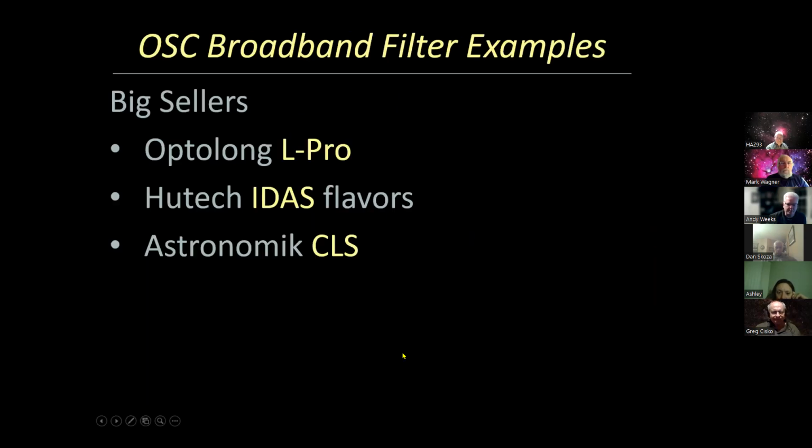So the big sellers for broadband filters, this is just for light pollution: the L Pro, and the IDAS has a couple of variations of them. My understanding is the D2, which is their latest one, is pretty good.